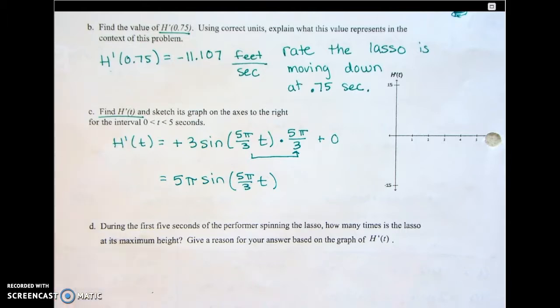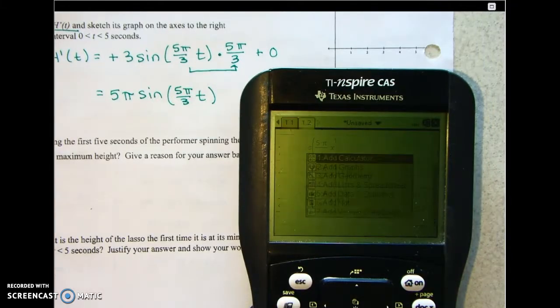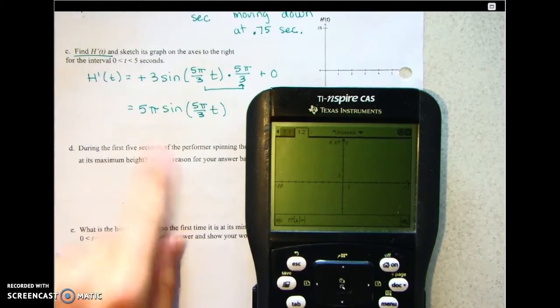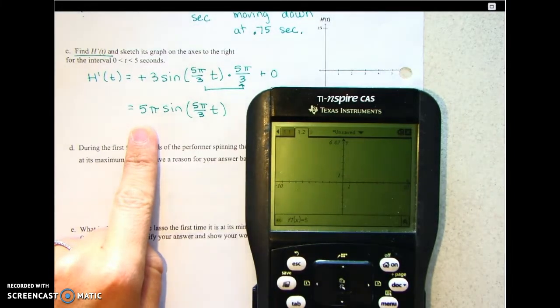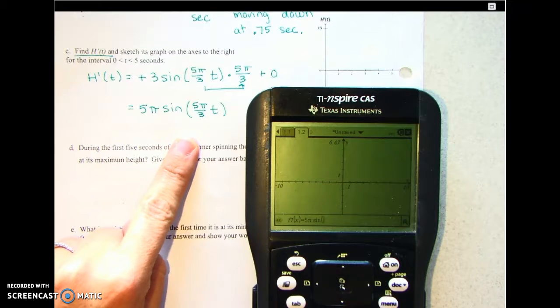All right, we're going to go to our calculator. Oh, but I hope I have enough time. We'll see. I'm going to do Control I to insert a graph, and I'm going to type this in. So I have 5 pi, times sine, and I'm going to use that fraction button again, 5 pi over 3.